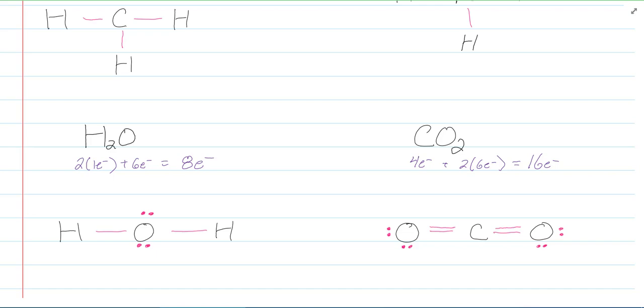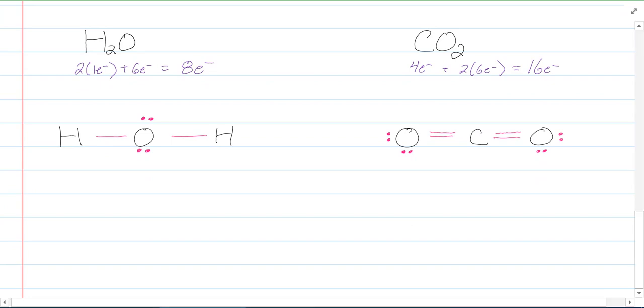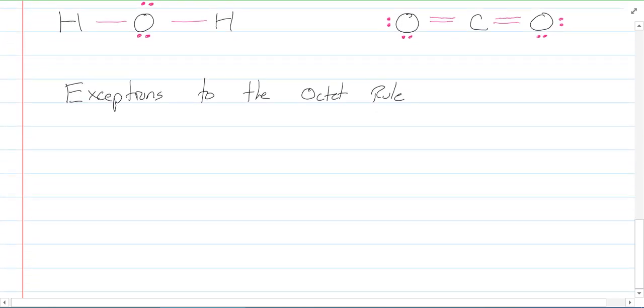First, let's talk about exceptions to the octet rule. First exception is, obviously, hydrogen, and hydrogen only needs 2 electrons to be like helium.